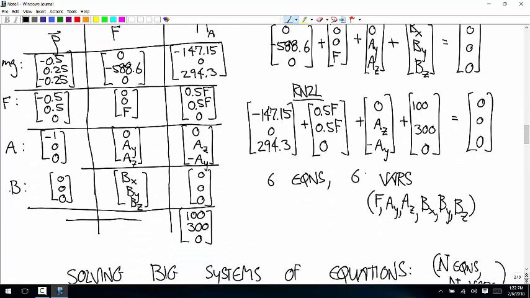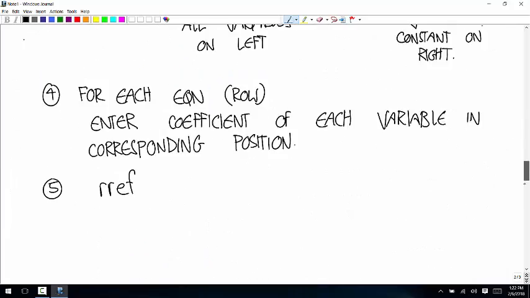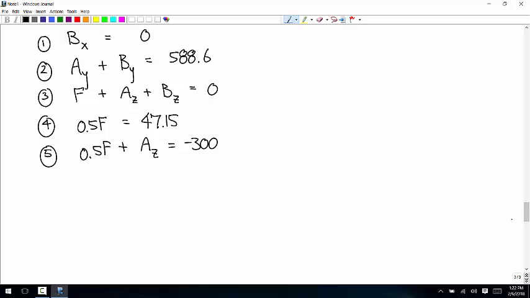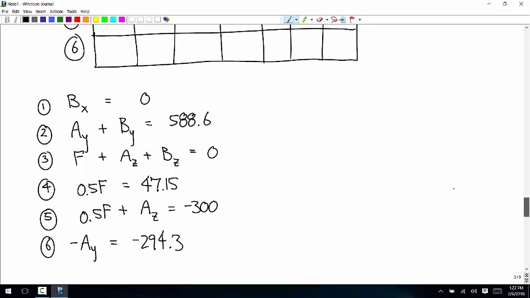And then the last equation says negative AY is equal to negative 294.3. So this one actually, I think, wouldn't be too horrible to solve by substitution. Many things just gave you what they are, but we'll enter this in and solve it with the calculator.